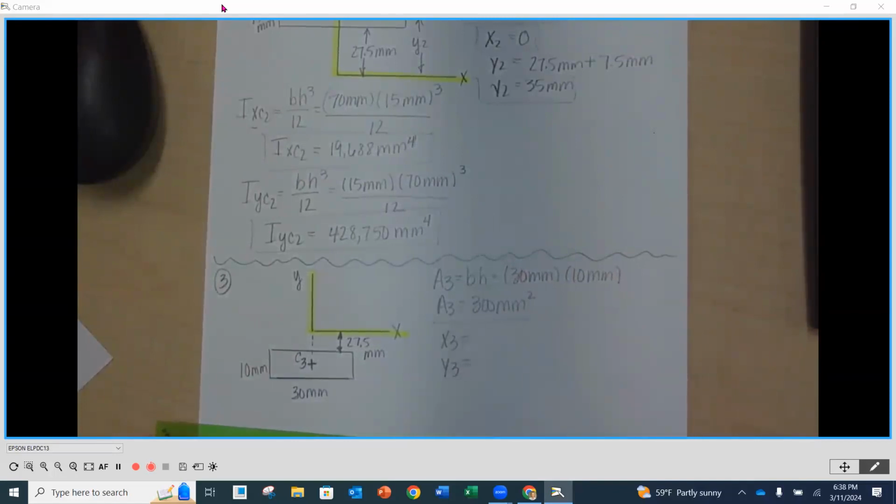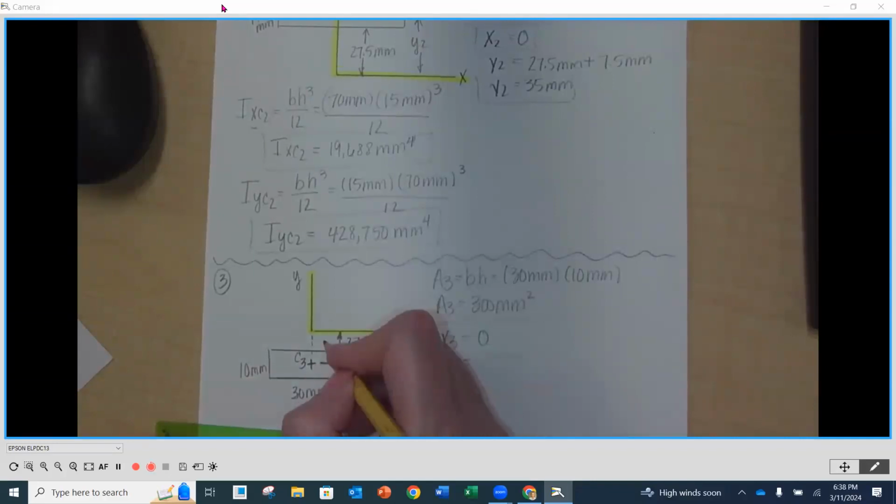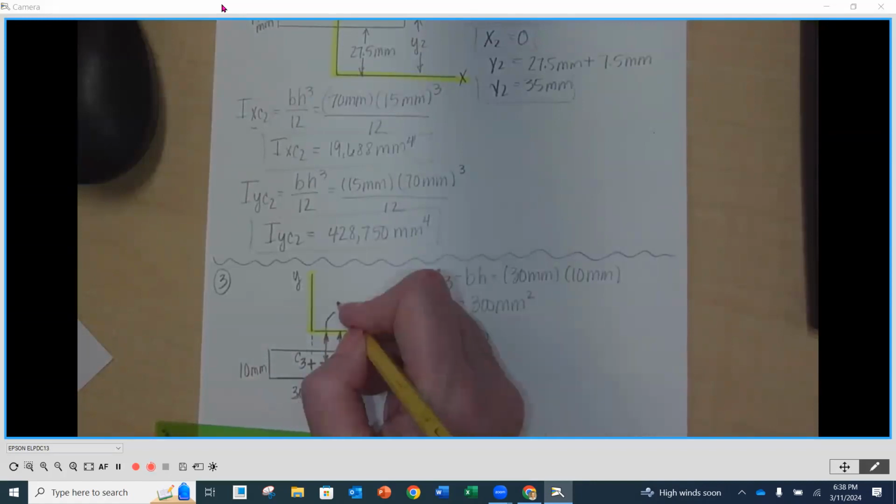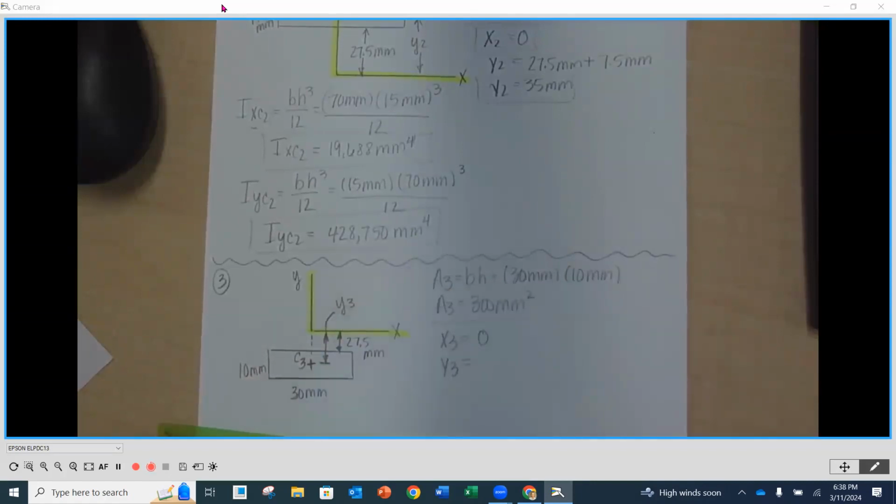Our X3 and our Y3. So as we extend this down, our X3 is going to be an offset from the Y-axis, and it's down the Y-axis. So our X3 is going to be 0. But our Y3 is going to be the distance down below here. Y3 is right there.